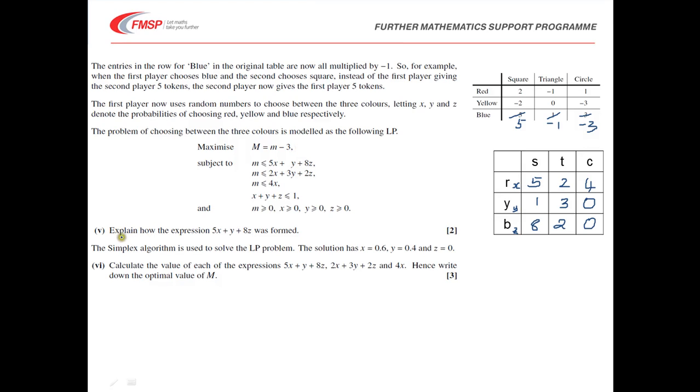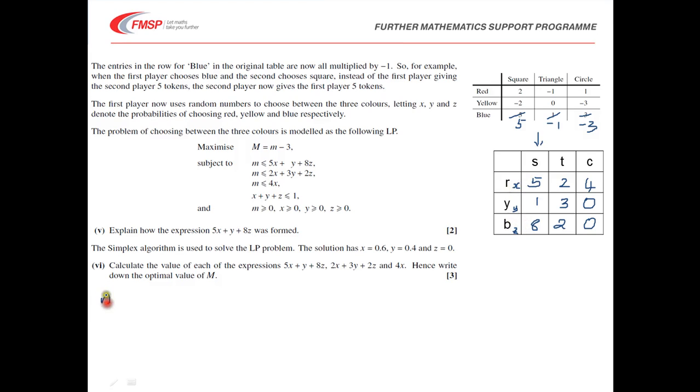So in part 5 it says, explain how the expression 5x plus y plus 8z is formed. Then that is formed when the second player chooses the square. So it's coming from here. So we have 5x plus 1 times y plus 8 times z.